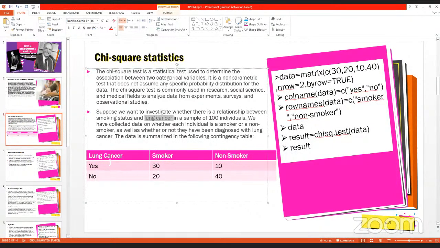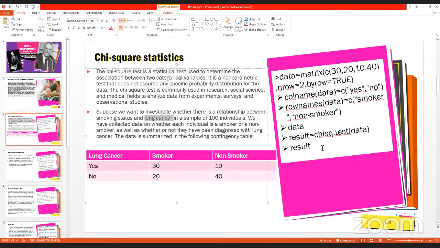Now this is the table, and I want this table in my RStudio also. How will we build this table in RStudio? Can anybody tell me? In rows or columns? Yes, by matrix, by creating a matrix, right?